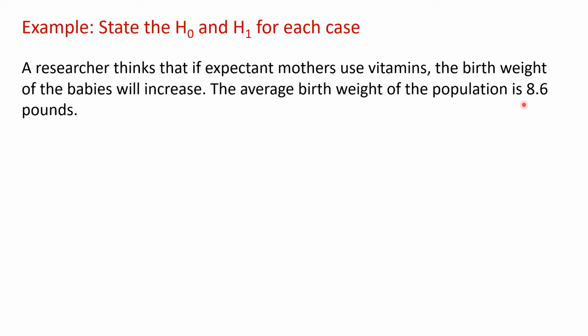So the null hypothesis is that the mean is equal to 8.6. Now, what's the alternate hypothesis? The alternate hypothesis would be that the birth weight will increase. So that would mean the weight is greater than 8.6. So here you can determine the null hypothesis and the alternate hypothesis.